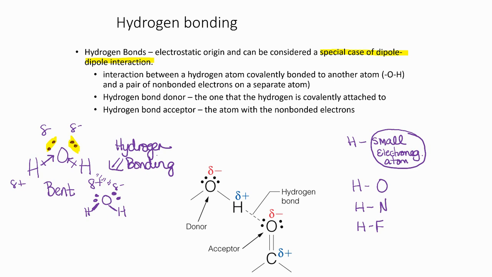Okay, there will be other atoms that are involved with hydrogen. So like we might see HS, for example, but sulfur is too big to have such a strong effect. So this one would just qualify as dipole-dipole. These three are capable of hydrogen bonding.